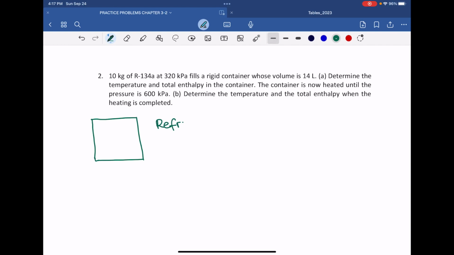We write down what is given. We are given the mass, and it's a closed system, so mass doesn't change. We are given the pressure and also the volume in terms of liters, so we can convert this to meter cube.